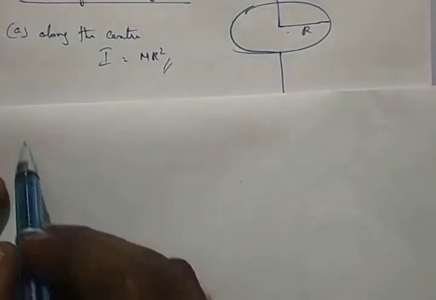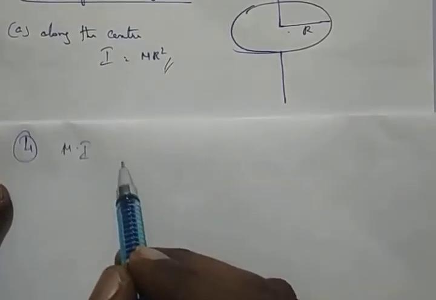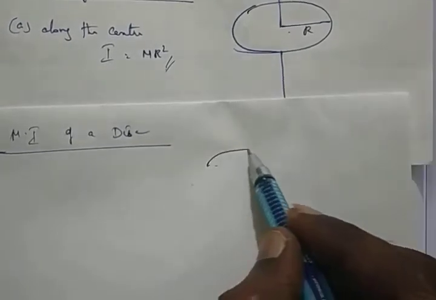Now we will go ahead and I will ask you to do it for the disk. Please find out all the 2 cases. Next one is the 4th one, moment of inertia of a disk. What is a disk?